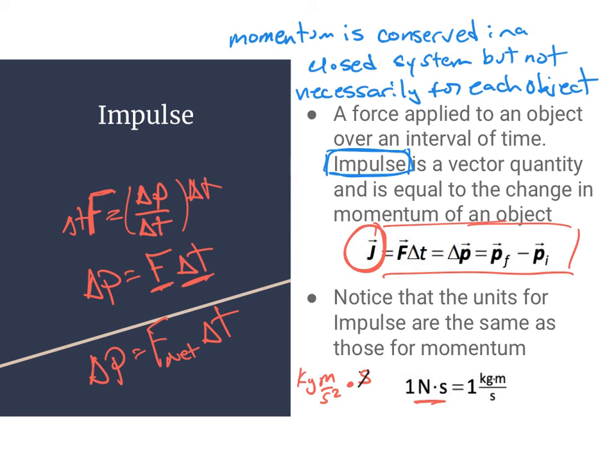So we should see that our seconds cancel out here, and we're left with kilograms times meters per second, which is the same unit as momentum, which makes sense because our impulse is a measure of the change in momentum, and so the units should be the same. Typically, the convention is to use newton seconds when we're talking about impulse, and kilograms times meters per second when we're talking about momentum, but the two are essentially interchangeable.